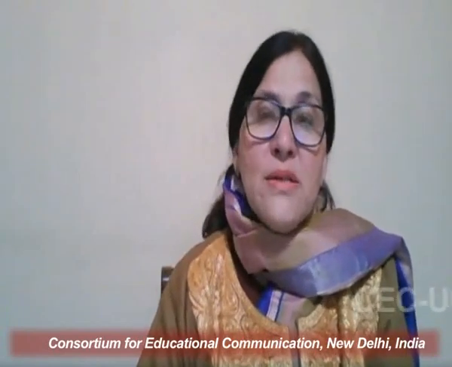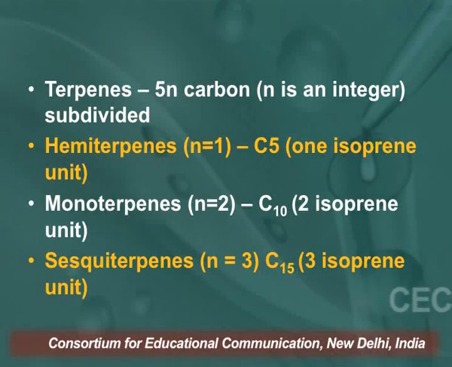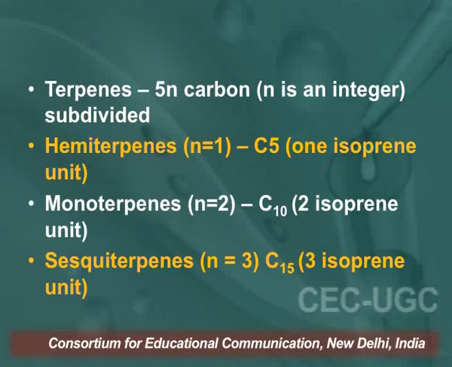On the basis of the number of isoprene units, we can define terpenes, or give them names. As I told you, terpenes have a 5 carbon unit, that is the isoprene unit.